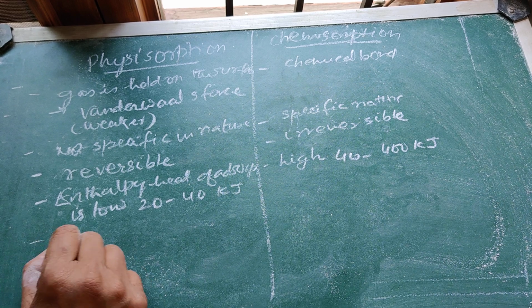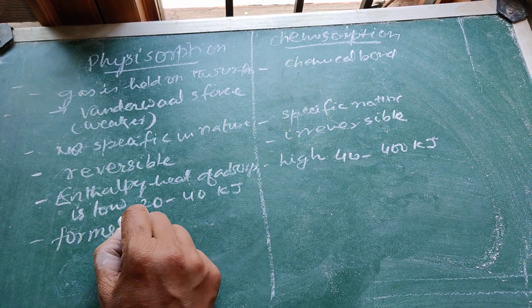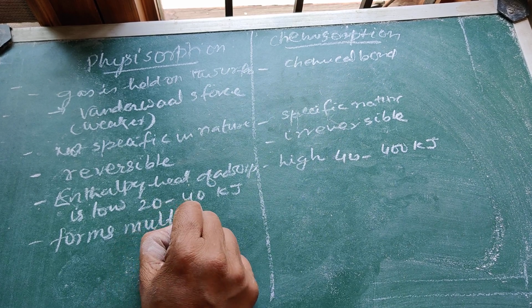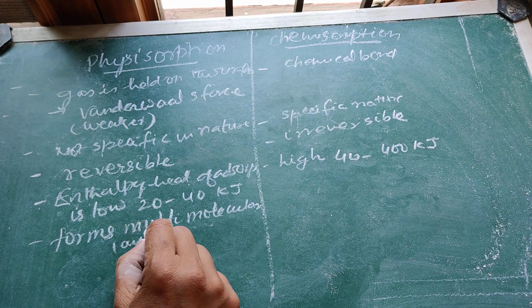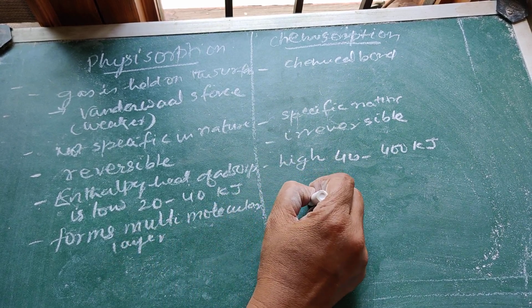Then physisorption forms a multimolecular layer, whereas chemisorption only forms a unimolecular layer.